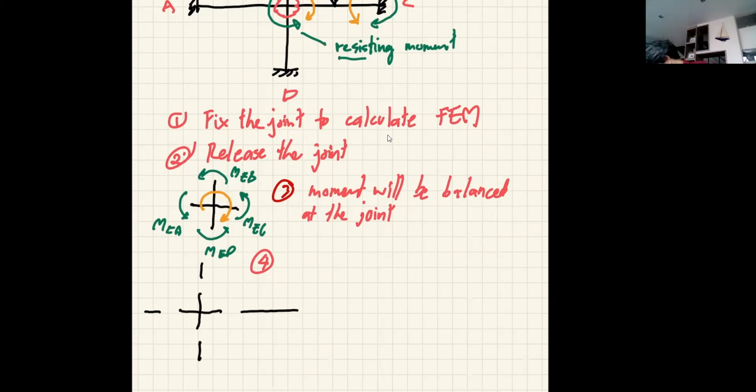So that will be a moment equal and opposite to the green moment at the member, correct? So if you focus on the connection between the joint and the member, it is under equilibrium.